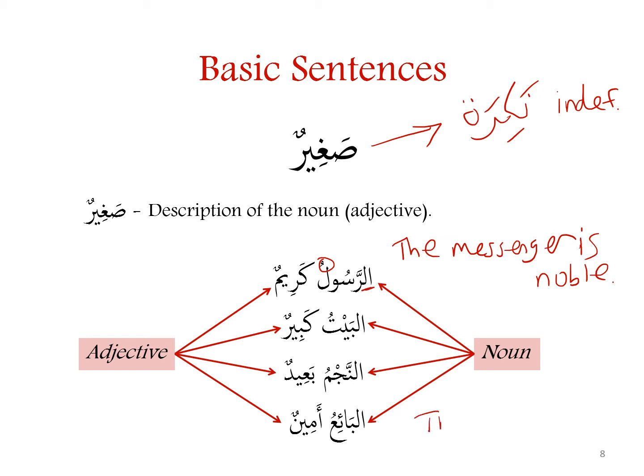Trader as in this word here, not traitor. Trader or seller, kind of like merchant. There's another word for merchant as well, the salesperson. You can say al-ba'i'u aminun. Amin means trustworthy or reliable. So a definite noun followed by an indefinite adjective, we have a full sentence meaning the seller is trustworthy.